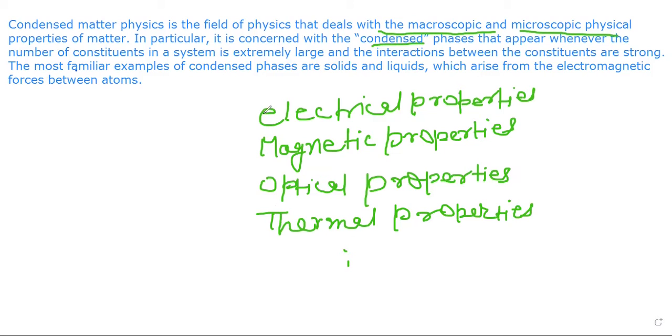These are the major macroscopic physical properties that have to be answered using this condensed matter physics concept. Now, in microscopic properties, the atomic arrangement, lattice structure, and spin dynamics are all covered. So these are the things that we understand using this condensed matter physics concept.